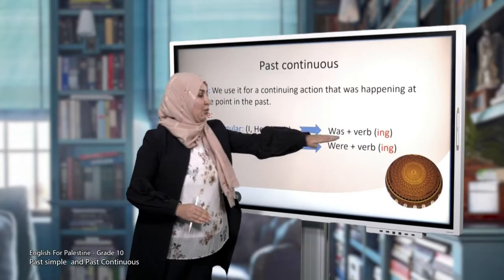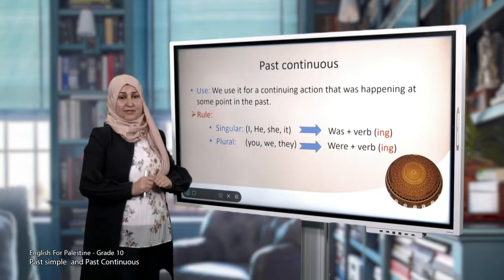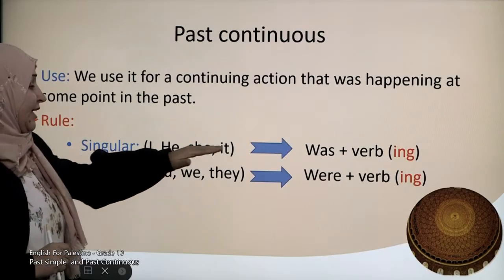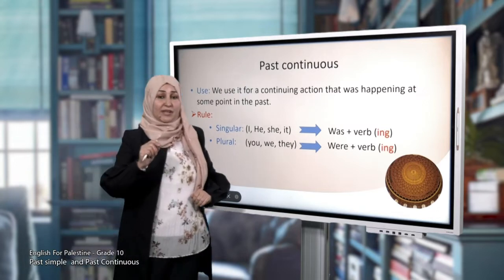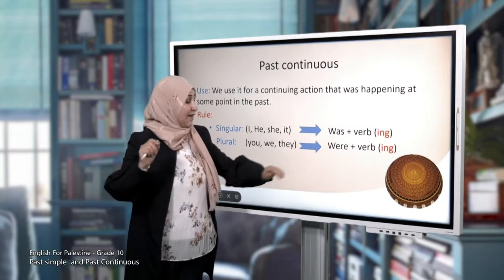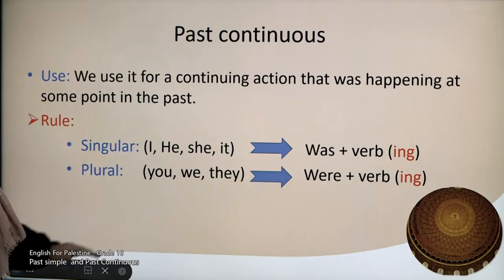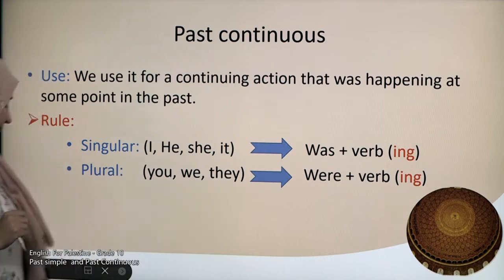We use was if the subject is singular, such as I, he, she, it. And we use were plus verb ing if the subject is plural, such as you, we, and they.